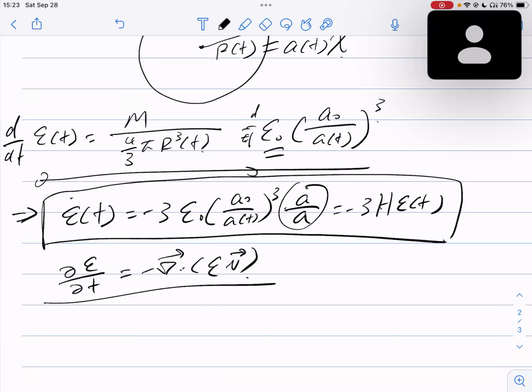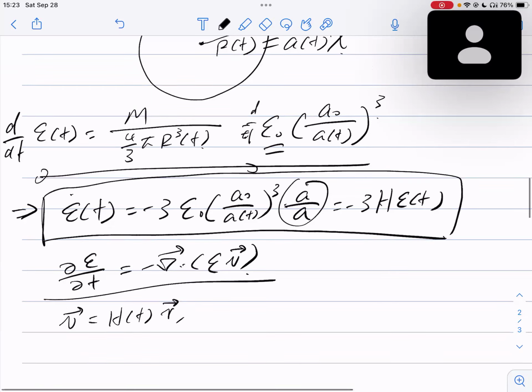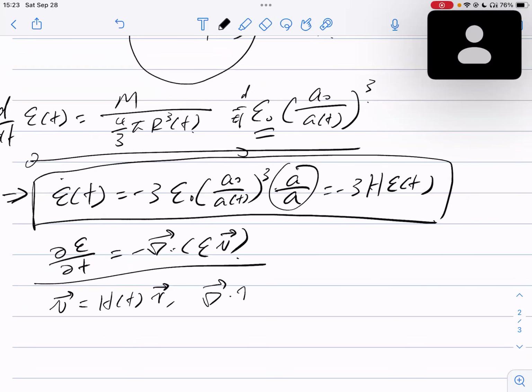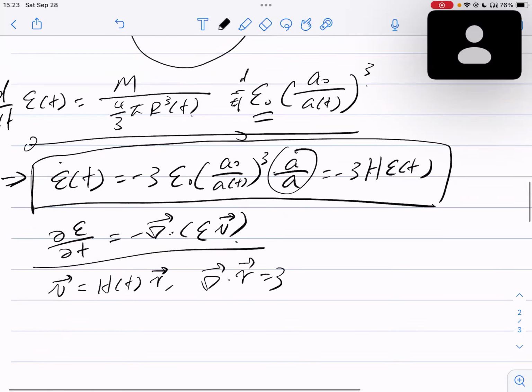This is the continuity equation in non-relativistic form. To see that these two equations are equivalent, just use the Hubble law, v equals H(t) r, and notice that the divergence of r is equal to 3.